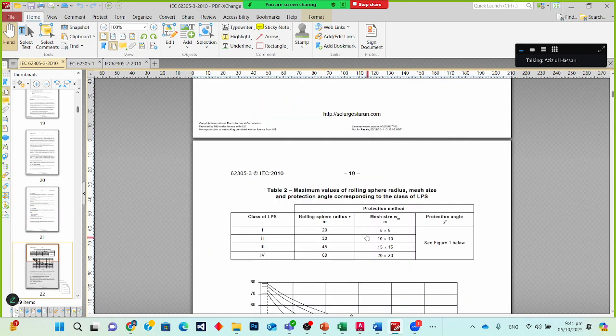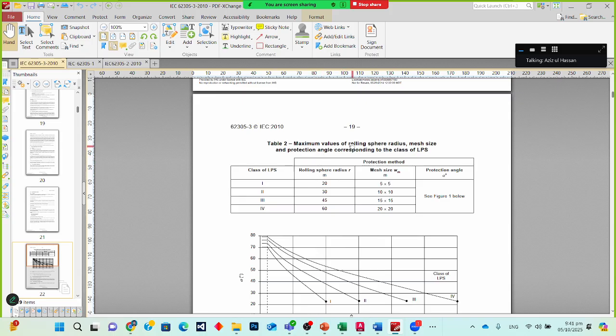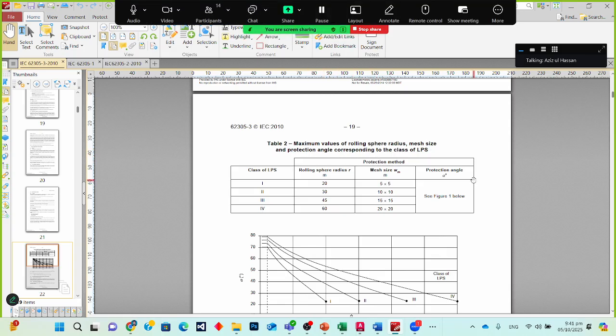They have given us the values, like the maximum rolling sphere radius, mesh size, and protection angle corresponding to the class of LPS. This is the lowest, LPS 4. This is higher than this, this is higher, and one is the most costly protection level. Level 4 is the cheapest protection level.